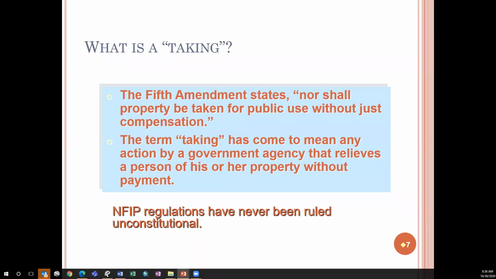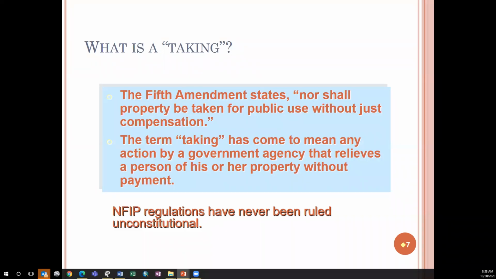And taking has come to mean more than just acquiring the property. If an owner can no longer use their land in a way that they thought they could, that can be perceived as a taking.